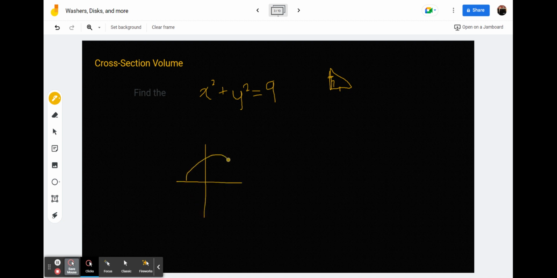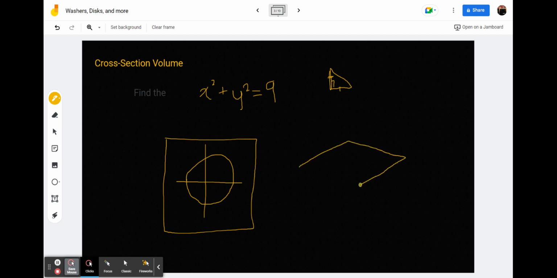You see here, x squared plus y squared equals 9 is just a circle. And now pretend for a second that this is on a sheet of paper. What I'm going to do is move this paper to an angle like so. So you're seeing above this piece of paper, and this is our circle. What they're saying is that if you take this cross-section of the circle, you're drawing an isosceles right triangle above the circle.